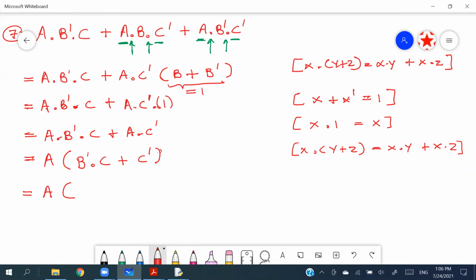Yes. I'm going to write this in this particular manner. Just see, C bar plus, I'm going to say C dot B bar.